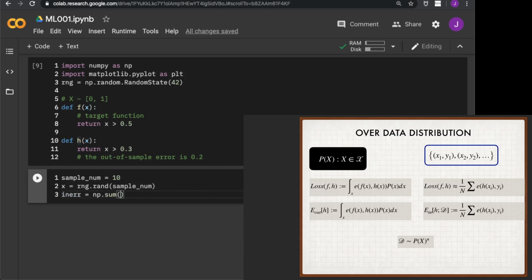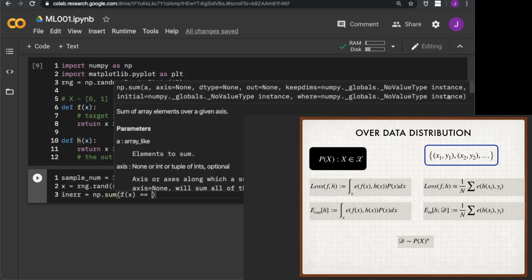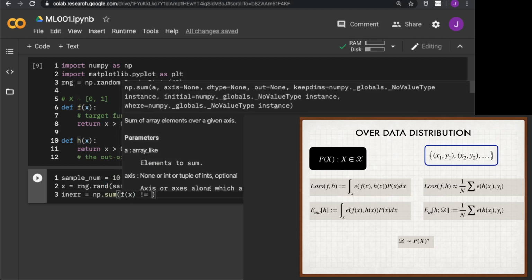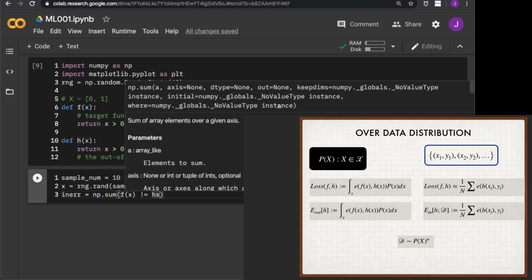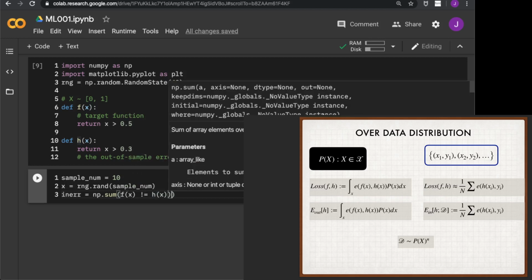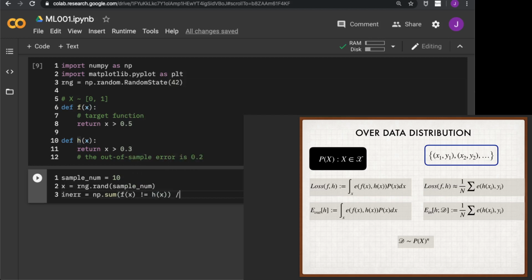the total number of samples on which f(x) disagrees with h(x), divided by the sample number.